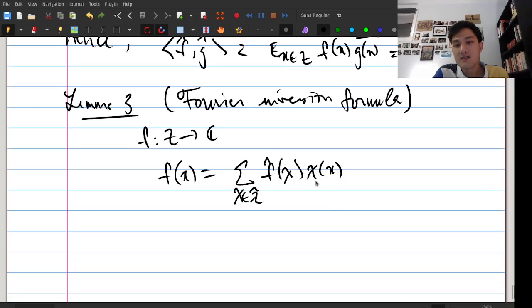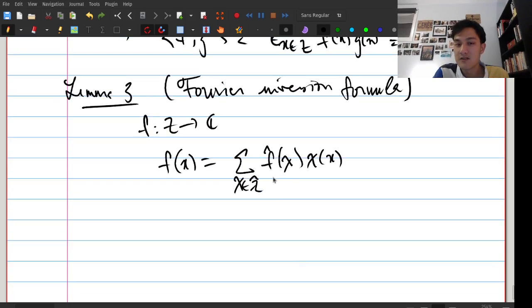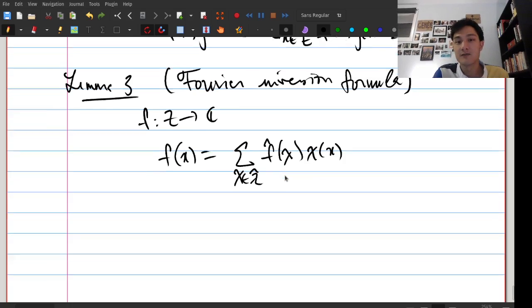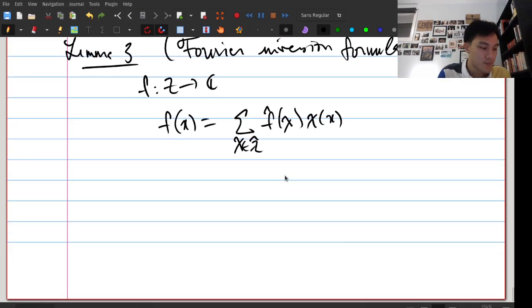Remember we showed earlier that the characters are an orthonormal basis for the space of all functions from Z to C. So the coefficients in that linear combination, expressing f as a linear combination of these characters, are exactly the Fourier coefficients. That's what this is saying.